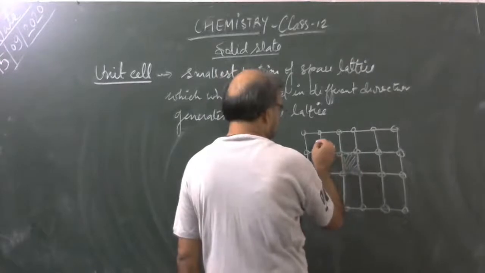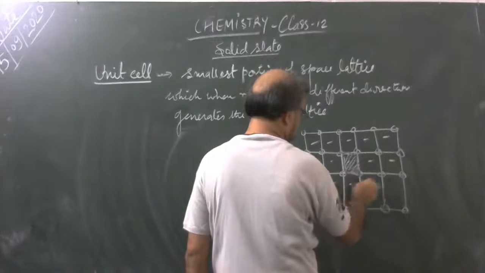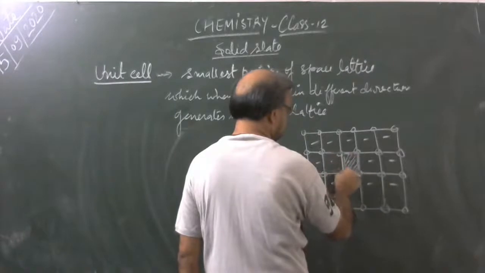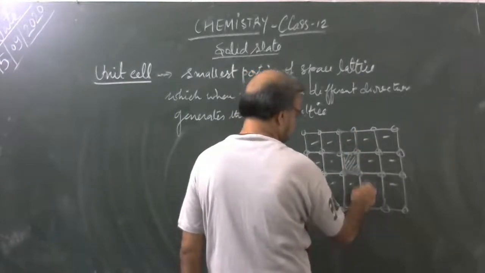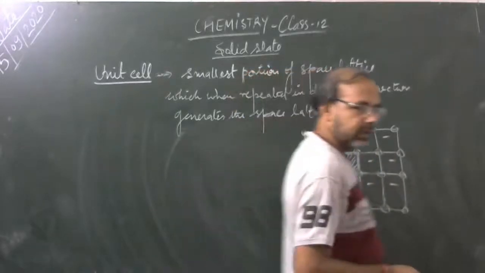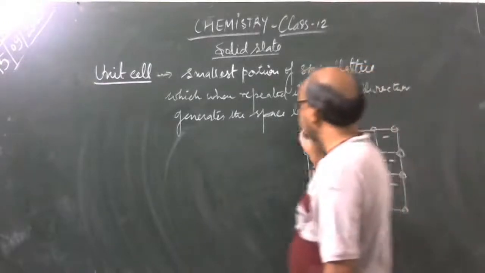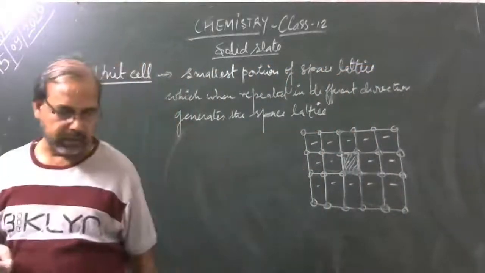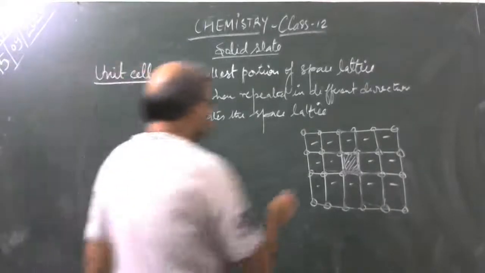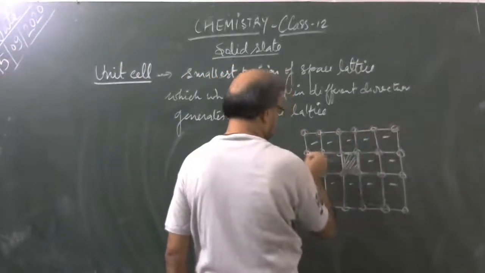All these are the unit cells in the space lattice, which are repeated in this direction, this direction, and in different directions. When the same unit cell is repeated, they give rise to the shape of the space lattice of the crystals, and these are the points where the atoms are arranged.